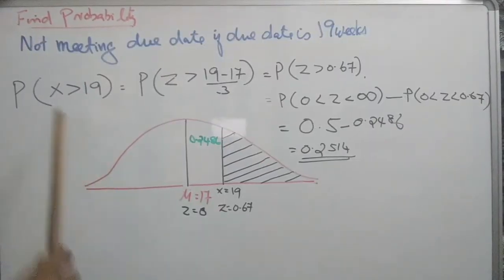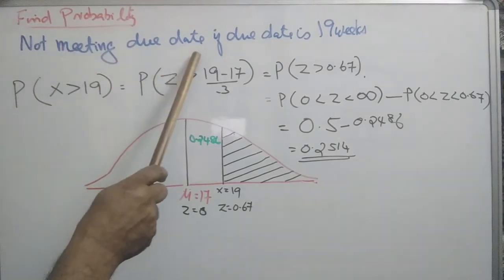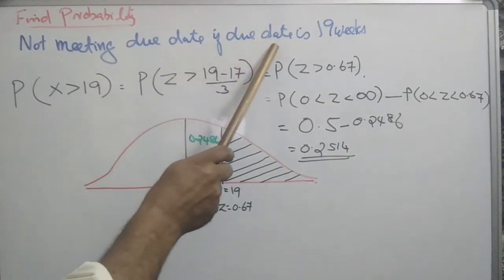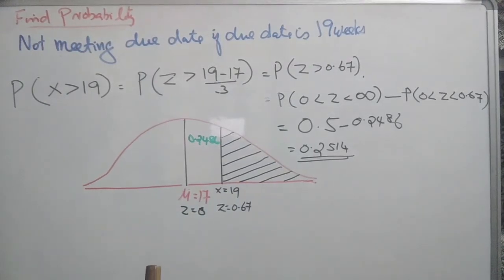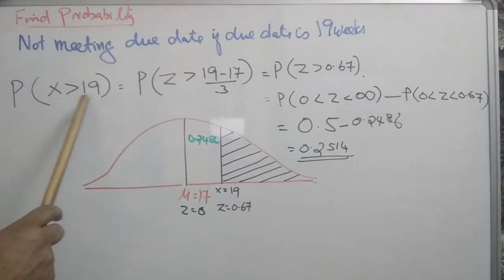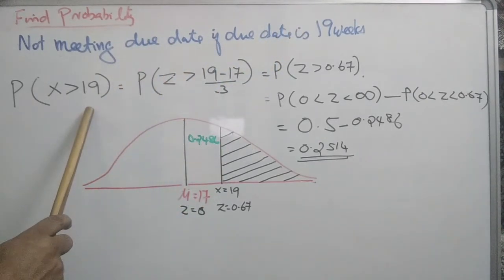Same type of question. The wording is: find the probability of not meeting the due date, if the due date is 19 weeks. That is a theoretical question. We have to convert it into statistical terminology. That is probability of X is more than 19. Not meeting the due date means it takes more than 19 weeks.